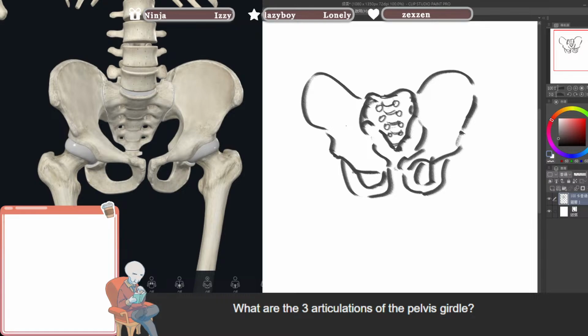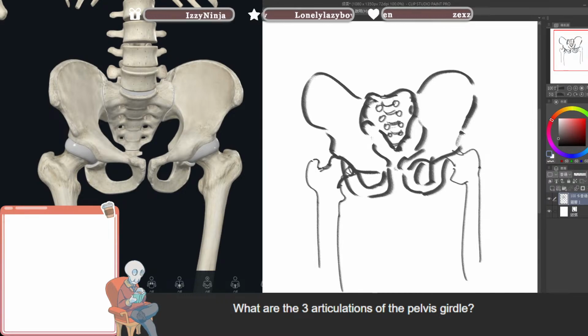So there are 3 articulations. The first is the pelvic femoral joint, which is this part, and we just call it the acetabulum, which is this part that attaches your pelvic bone to your femur, so that you've got thighs over here. So that's one.